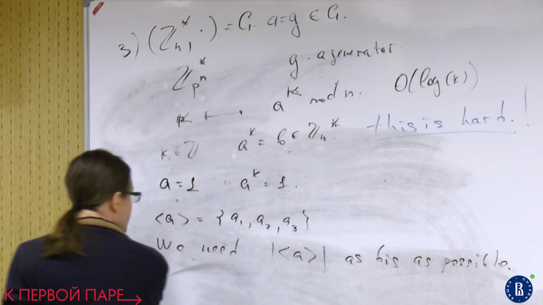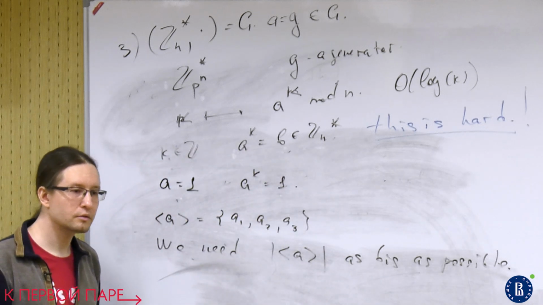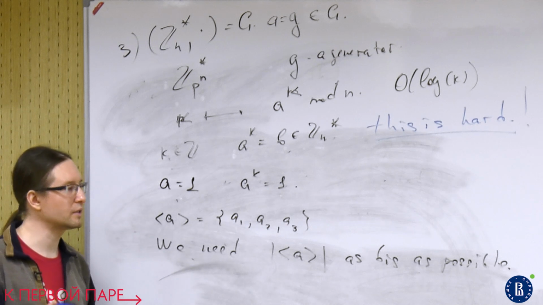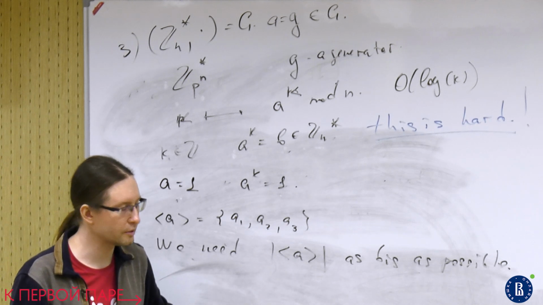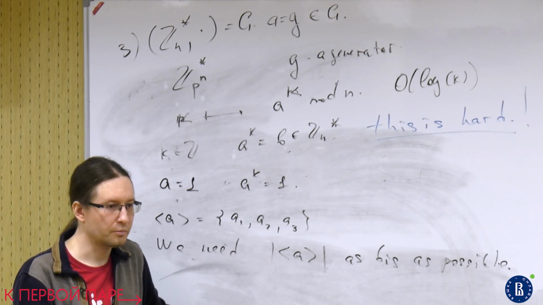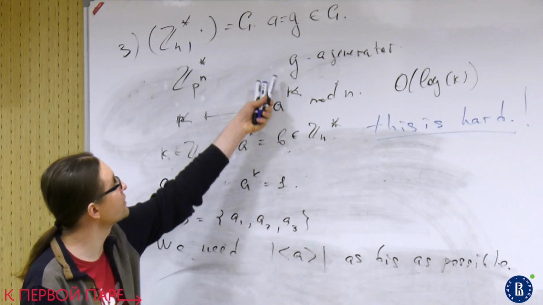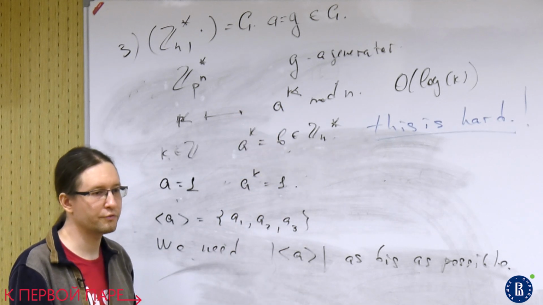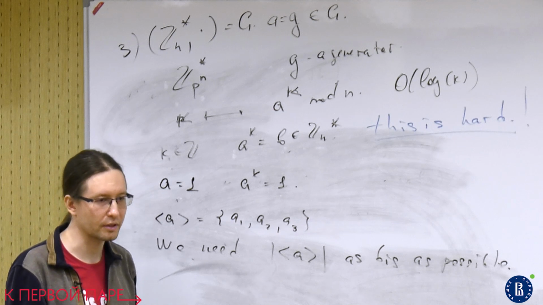Okay. Can we quickly find such a generator? Well, it doesn't matter if it can be done quickly, because you have to do it just once. Because when you have this element, you just fix it and use it, you have no intention to change it.